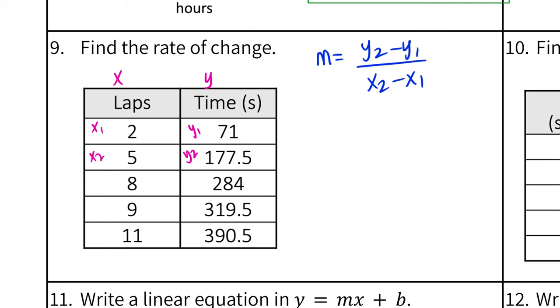So y's need to go on the top, so that's these two numbers here. 177.5 minus 71 over, then I got to do the x's, 5 over 2.